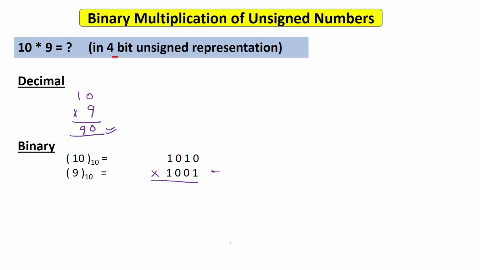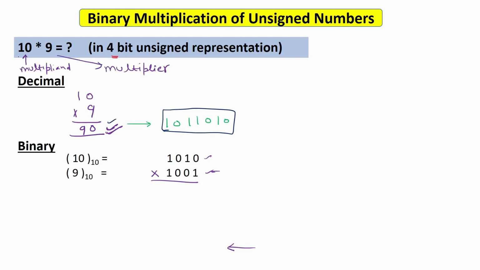I should get a result which is actually 90, that means the binary representation of 90, which you know is this one. So you should be getting this in binary after performing the binary multiplication. Let's see how we can do that.